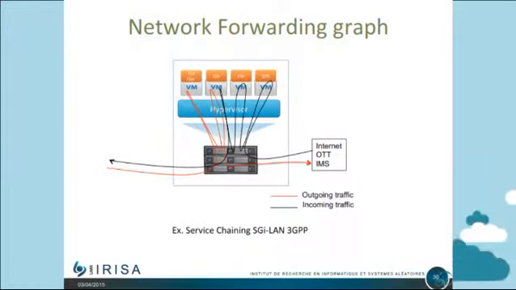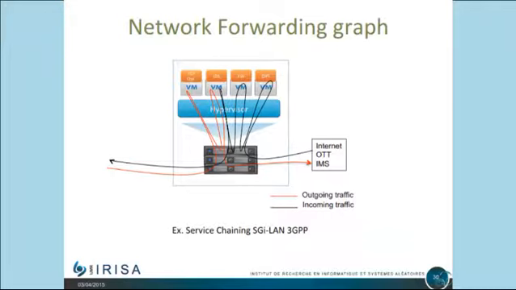Now with NFV, we can host all this, which was implemented in standalone servers, in only one virtual system. For instance, this traffic, the red one, must go through the TCP optimization, the IDS, and go out, and traffic coming from the internet must go through the DPI, the firewall, the IDS, and go in and enter the network. So now mobile operators are providing this service chaining in a virtual way.